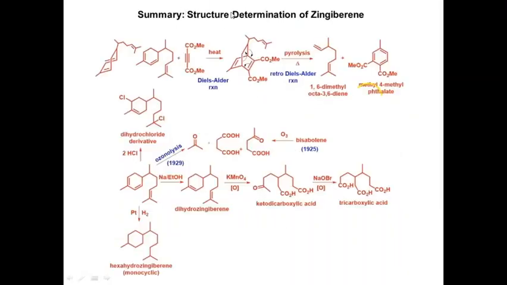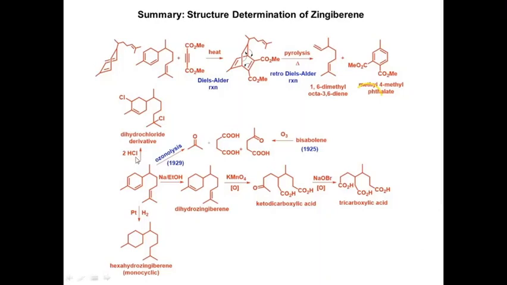Next, we come to the summary of the structure determination of zingiberene. The first very important reaction is the Diels-Alder reaction. As you can see here, it undergoes the Diels-Alder reaction, confirming the conjugated nature of the double bonds. And we have summarized these reactions. First of all, hydrogenation in the presence of platinum yields hexahydrozingiberene, which represents the monocyclic nature.